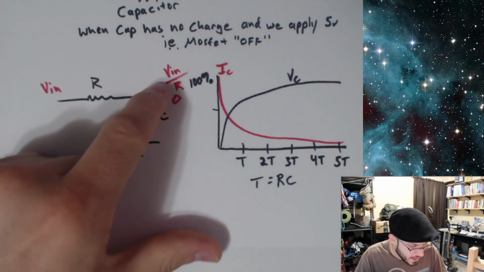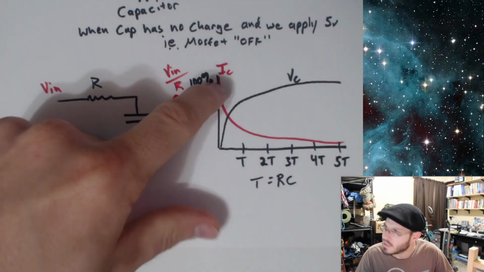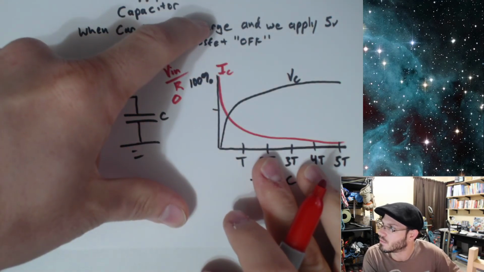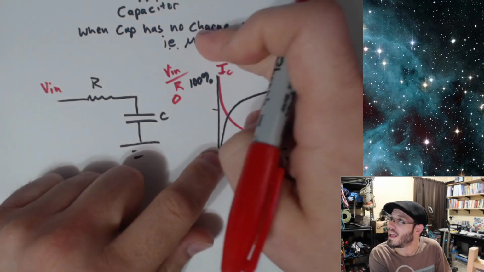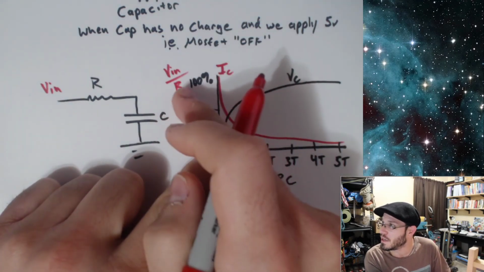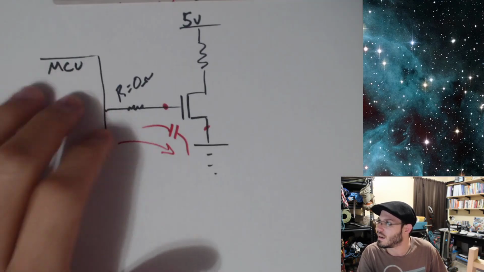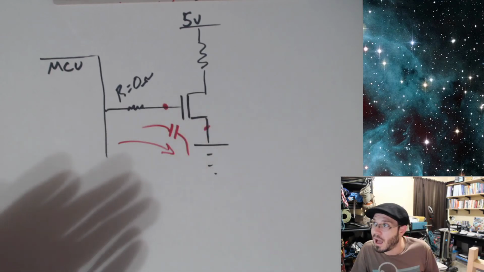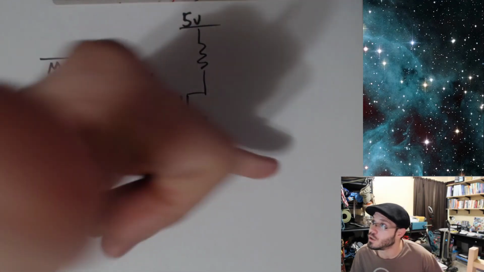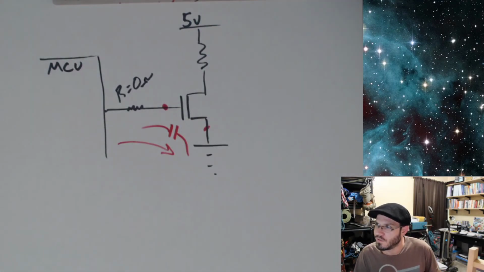And so with my R being 0, we can expect that our current is a very high value at time 0. Okay, so that's a problem because notice this is going to go to infinite. Obviously, my microcontroller cannot supply infinite current, but nevertheless, it's going to be as much current as is possible at time 0 to turn on this MOSFET, okay?